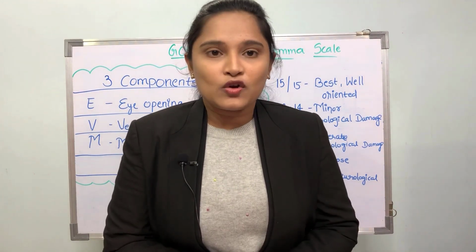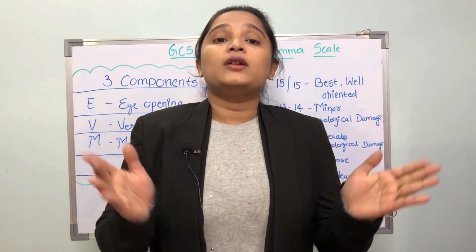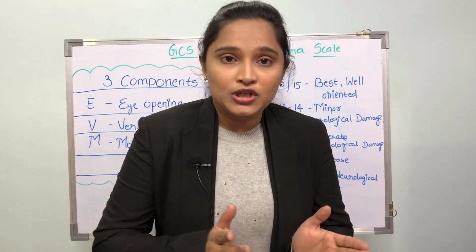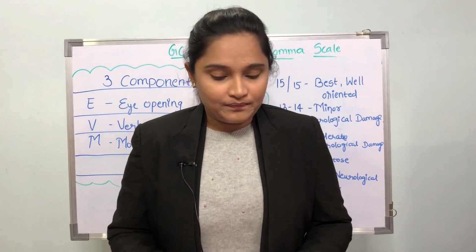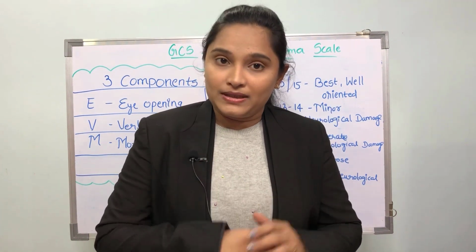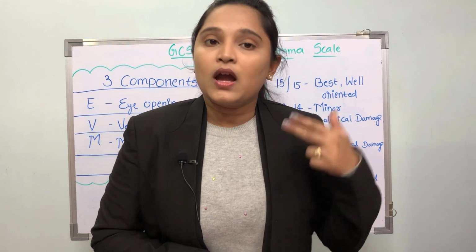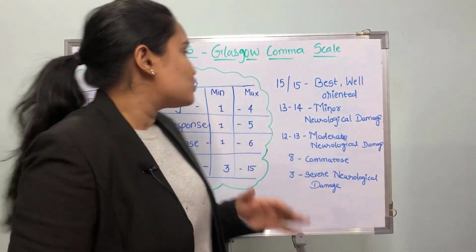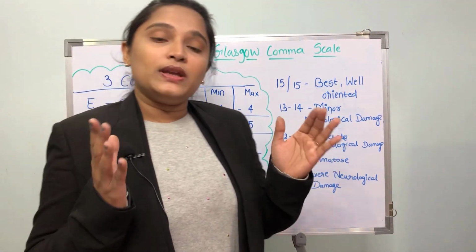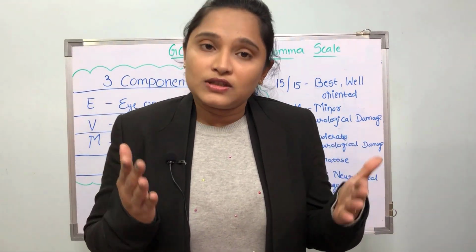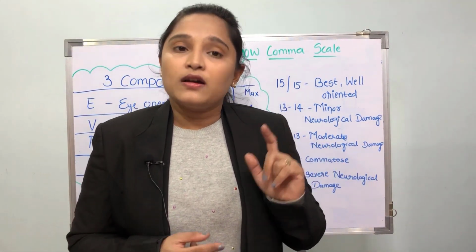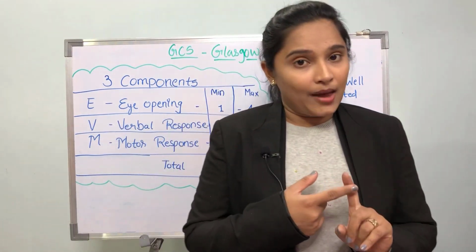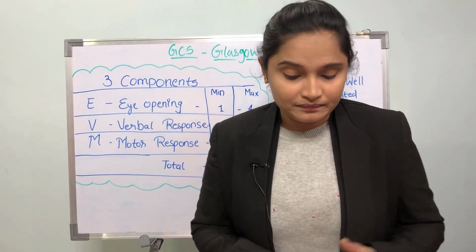GCS, Glasgow Coma Scale, is a method to assess the neurological status of a patient. It has three parameters: eye opening, verbal response and motor response. The articles we need to assess GCS are a torchlight, knee hammer and pen.